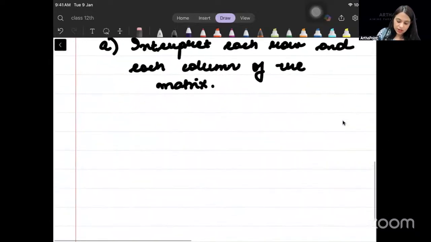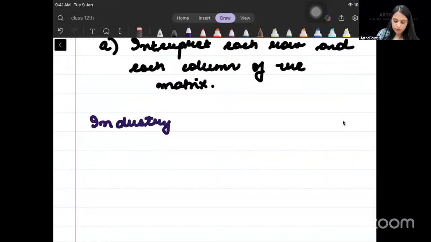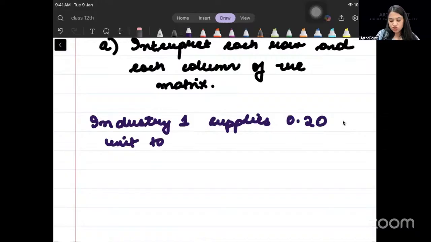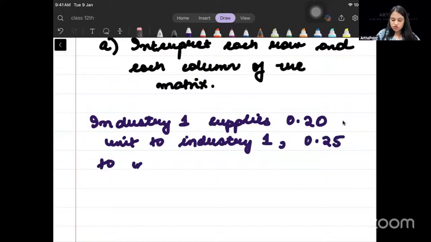So ऐसा कुछ है कि industry 1 supplies 0.20 unit to industry 1, 0.25 to industry 2, and 0.10 to industry 3.